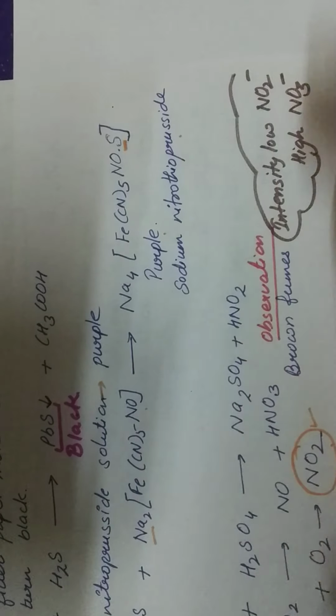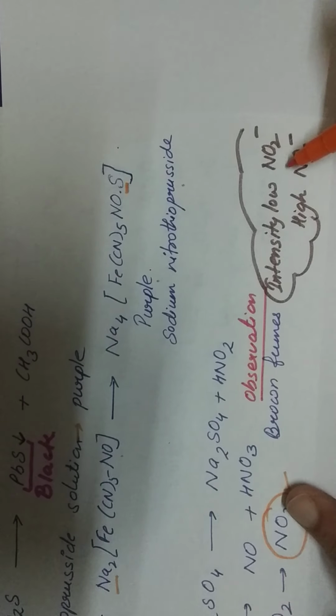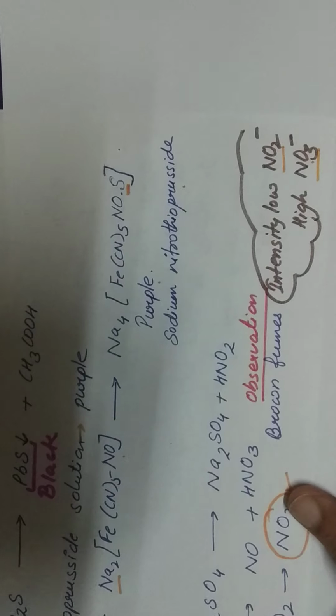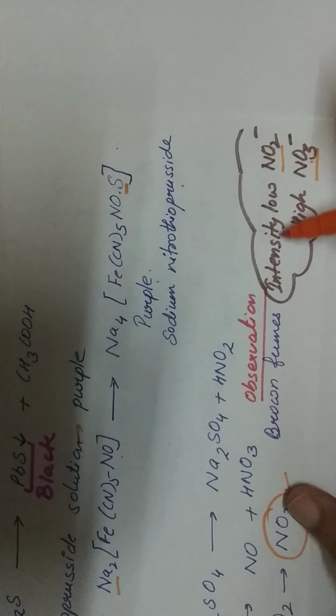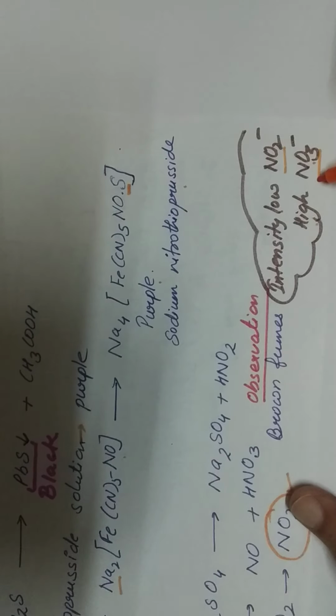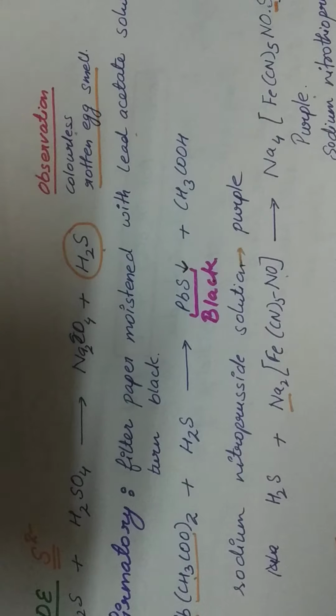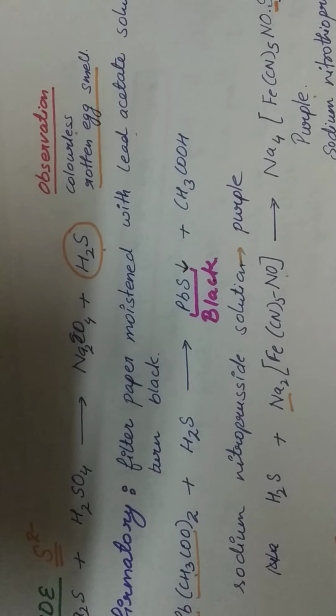Again, nitrogen dioxide gas is produced by the nitrate as well as the nitrite radical, but in nitrate the intensity is low, and here the intensity is high. Large fumes of nitrogen dioxide are produced. So NO2 is a brown colored gas. The other gases like carbon dioxide, sulfur dioxide and H2S are colorless gases.